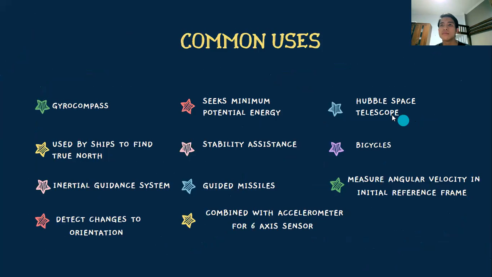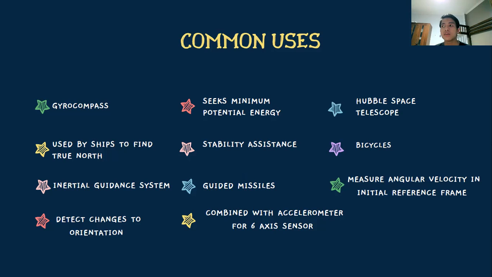Here are the applications or common uses of the gyroscope. There are the gyro compass, and it is also used in telescopes and stability assistants. As we know, gyroscopes are even in our electronic devices, such as our phone, so that we can play some games that respond to our rotation and other movements of the phone.